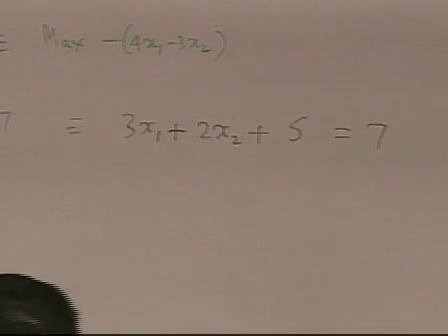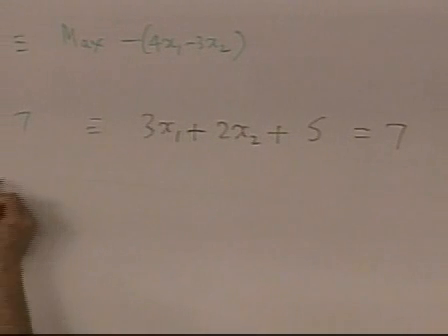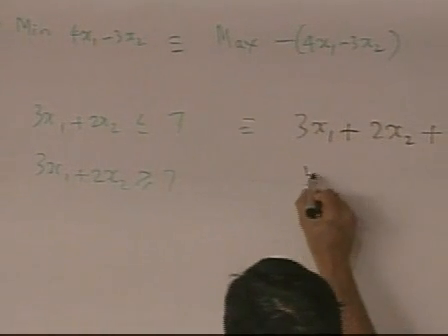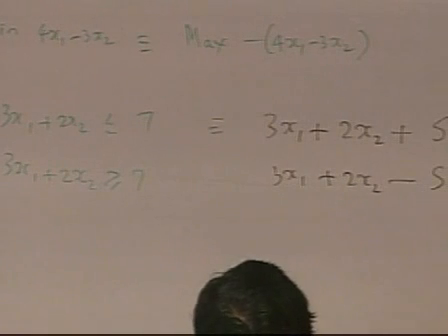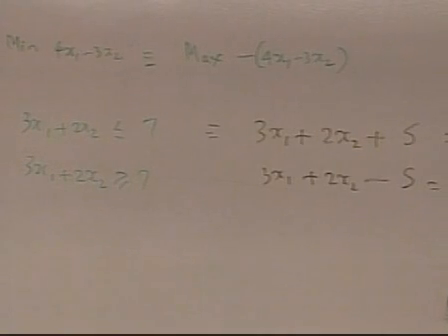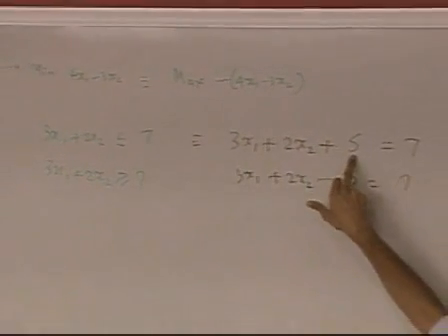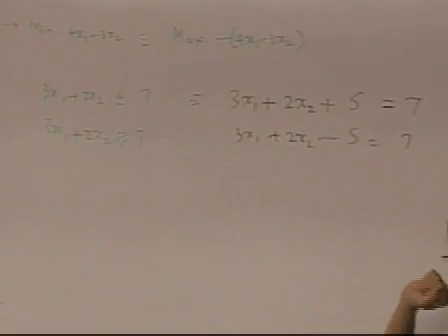And if this were bigger, you would just say 3x1 plus 2x2 minus s equals 7. So for less than or equal to constraints, you add a slack variable, and for greater than or equal to constraints, you subtract a surplus variable.